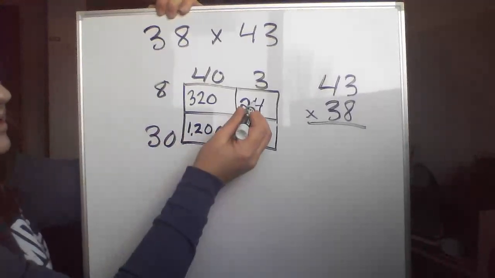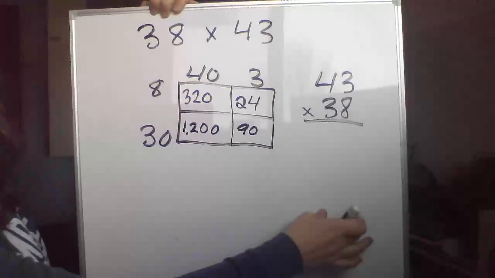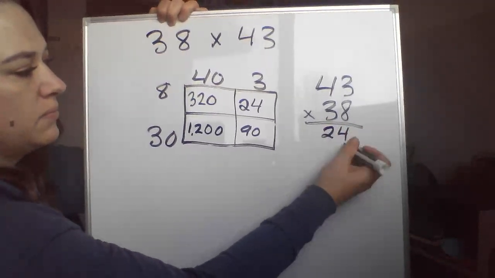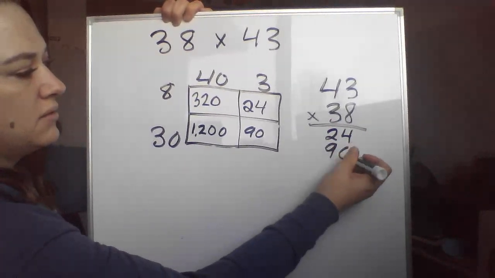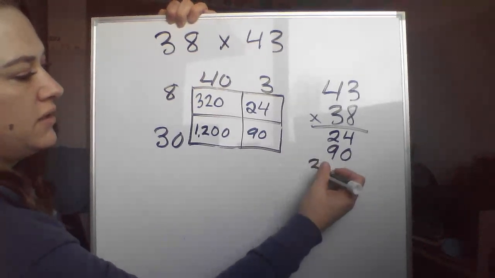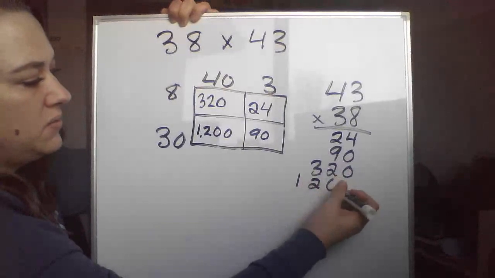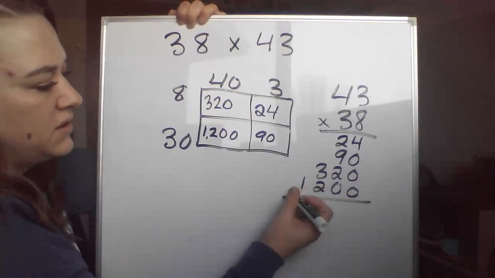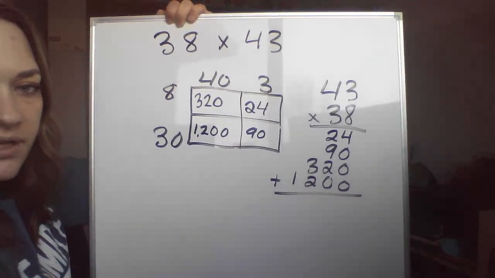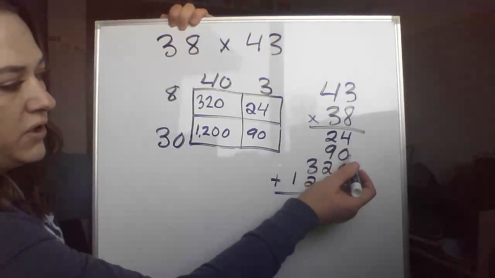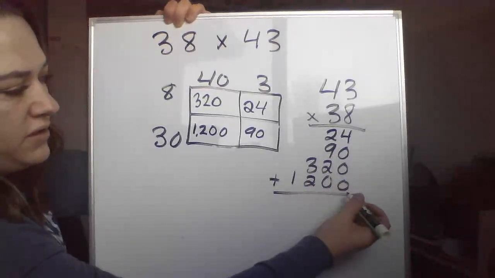And then we're going to take these numbers, move them over here so they're easier to add. 24, 90, 320, 1,200. Like I was saying last time, make sure your numbers are lined up nicely so they are nice and easy to add. 4 plus 0 plus 0 plus 0.